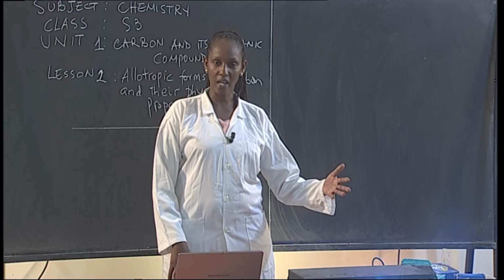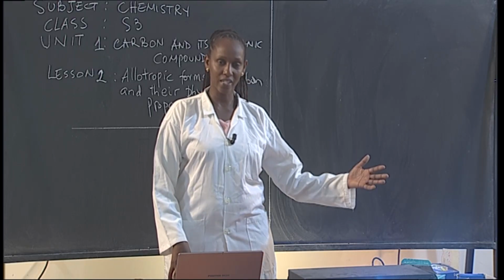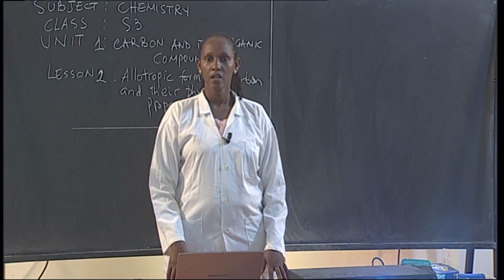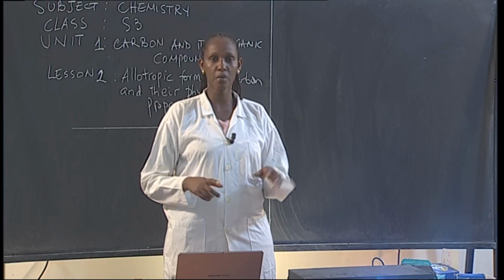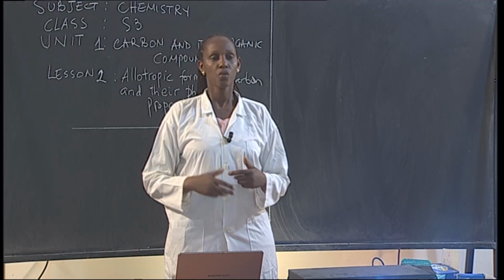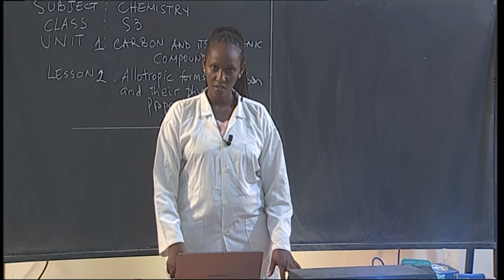So since for diamond there is no free electron, diamond does not conduct electricity. But for the case of graphite, it has a free electron. Only 3 atoms are bonded to a carbon atom, and they will remain with a free electron, which helps in conduction of electricity. All right?